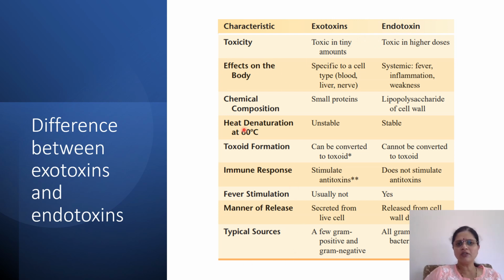The characters you need to know here are their potency or toxicity, whether they are potent at a very low concentration or at a higher concentration, and what type of effects they have in the body, specific effects or generalized effects, and what their chemical composition usually is, whether they are proteins or lipids or polysaccharides, and whether they are heat labile or heat resistant. And why should we talk about this heat stable and heat resistant character? The main reason is we would like to develop them as toxoids.